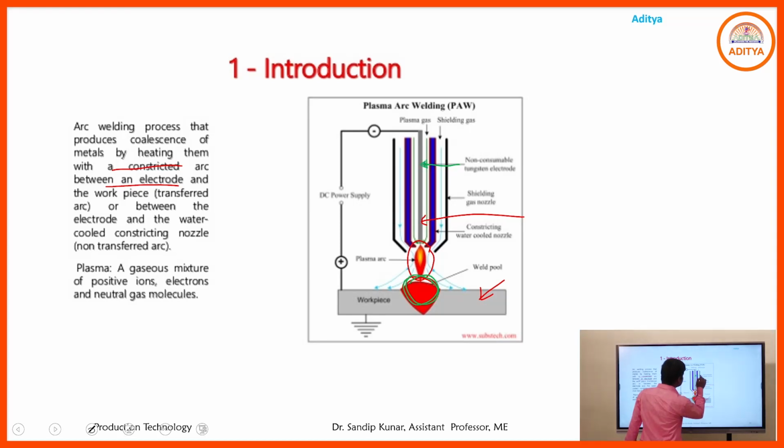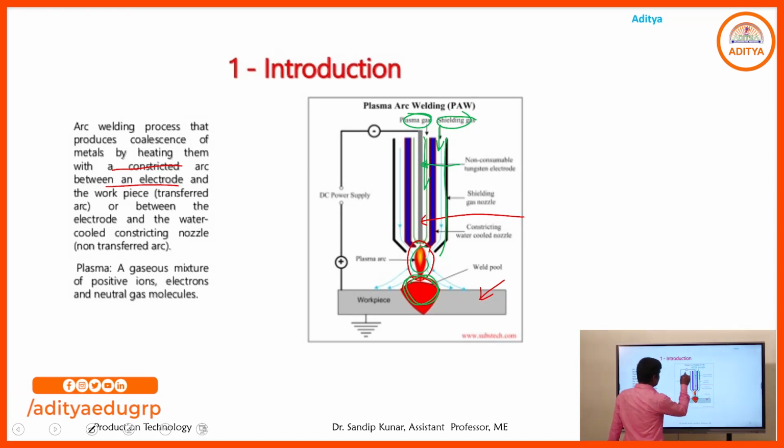That is the shielding gas nozzle. Through these spaces we provide the shielding gases, and through these spaces we send the plasma gases. The plasma gas is converted into an ionized plasma column, and that is the pressure arc.